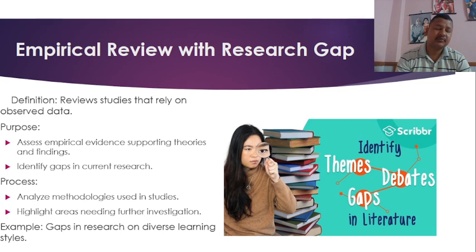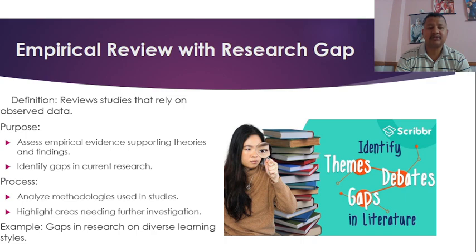If the present condition is more powerful than the expectations, it means we have a positive research gap. If the present condition is lower in ability or achievements than the expectations, it means a negative research gap. So the process is first analyzing methodologies used in the studies and highlighting areas needing investigation.